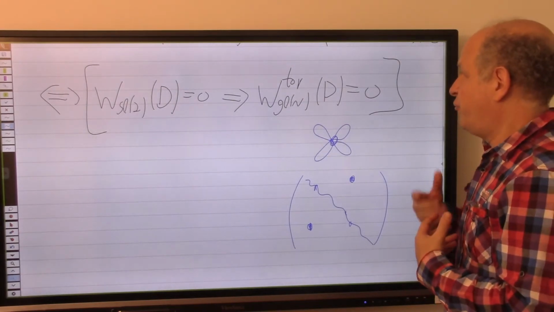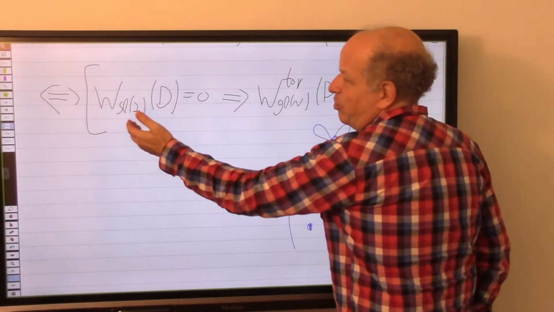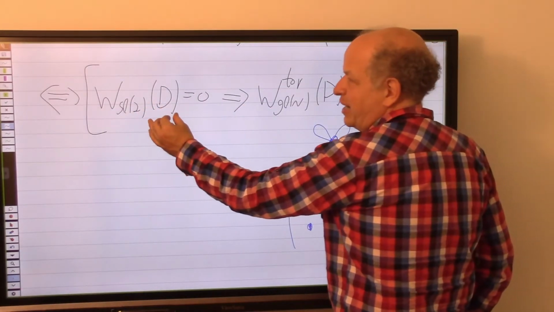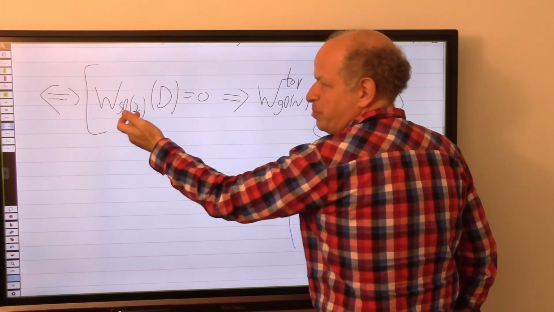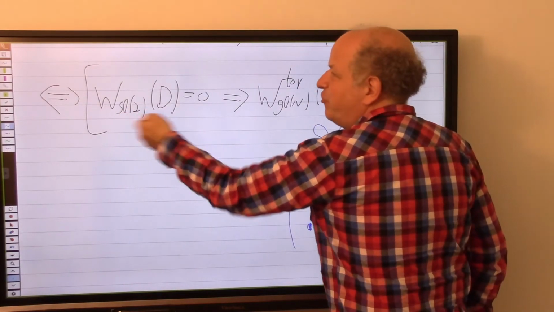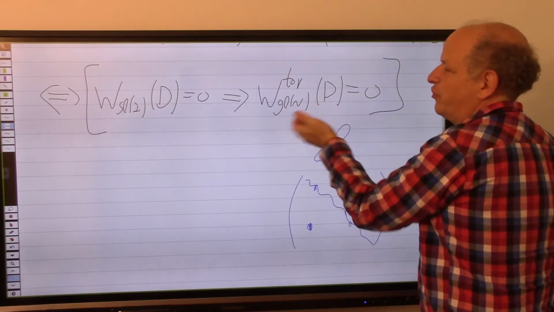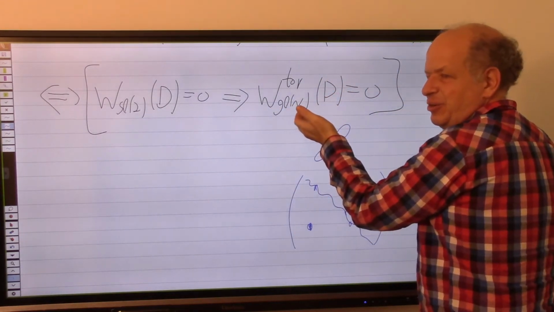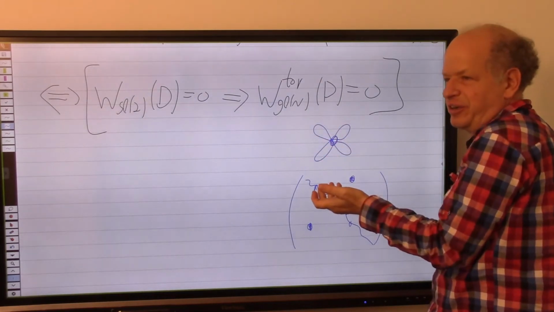So if you have this perspective, then this sounds like a completely natural statement. If a diagram is degenerate for SL2, is trivial from the perspective of SL2, is invisible for SL2, then it's degenerate for SLN. Which makes sense because SLN is just a bunch of SL2 held together.